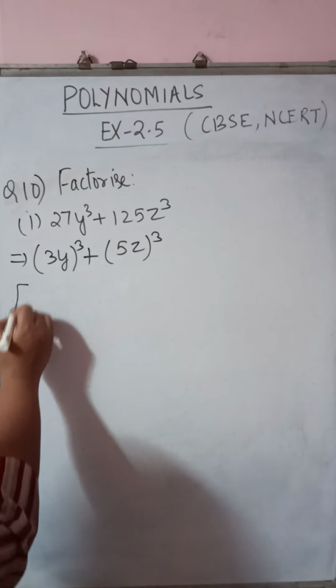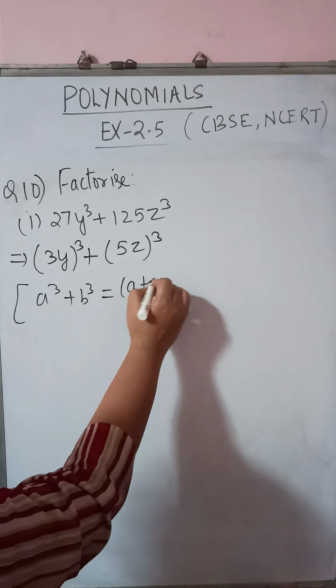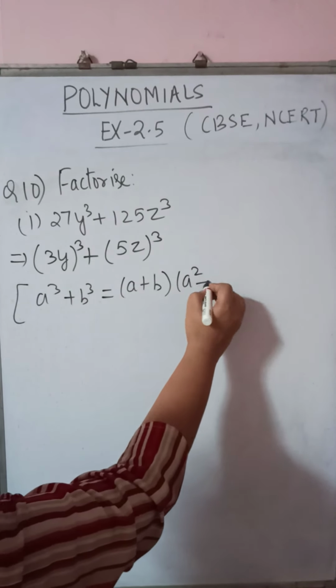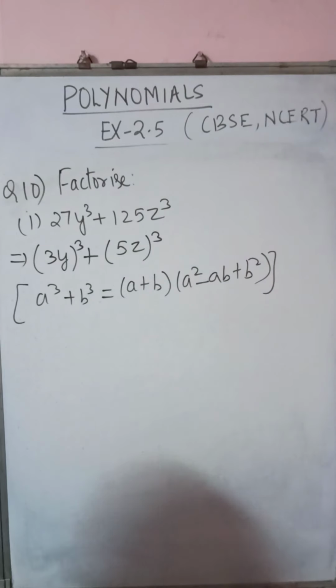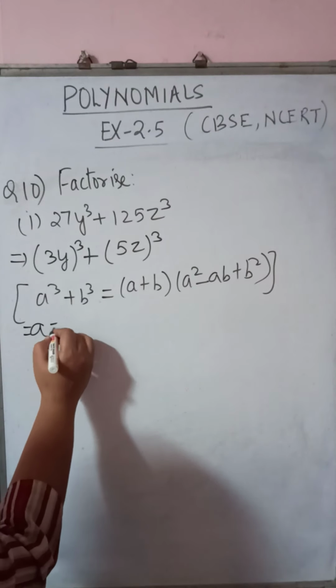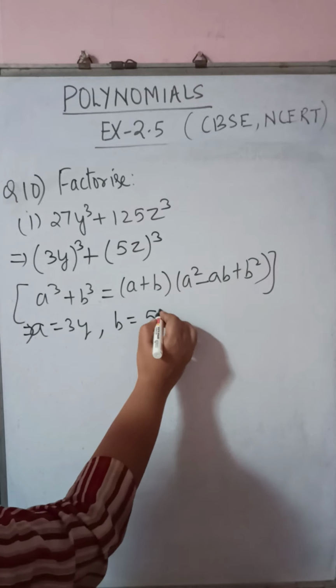Now you know a cube plus b cube is what? (a plus b) into (a square minus ab plus b square). Just now we proved this identity in question number 9. So what is a here? a is 3y and b is 5z.